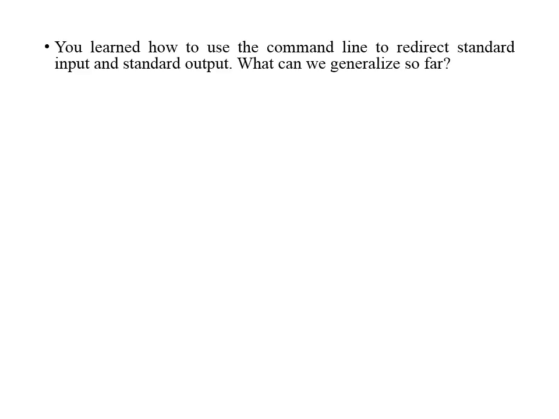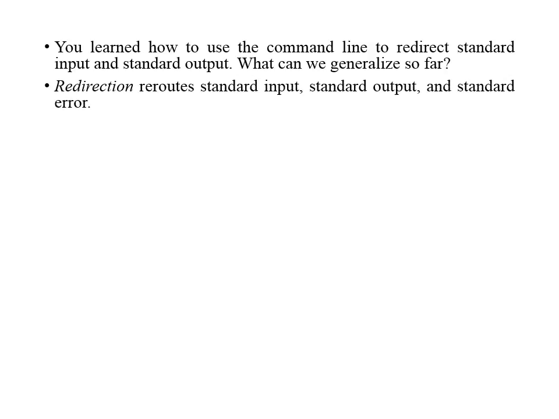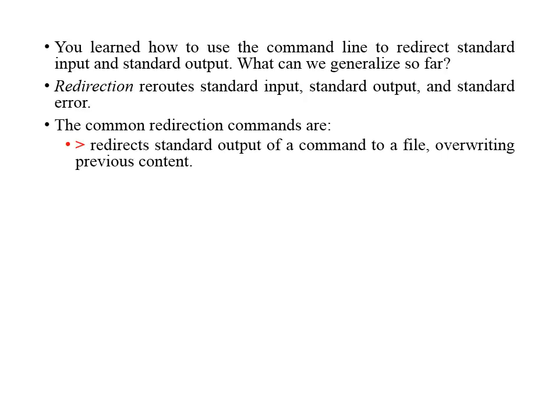Congratulations! You learned how to use the command line to redirect standard input and standard output. What can we generalize so far? Redirection reroutes standard input, standard output, and standard error. The common redirection commands are: the greater than command redirects standard output of a command to a file, overwriting previous content.